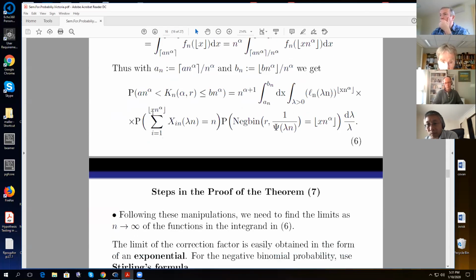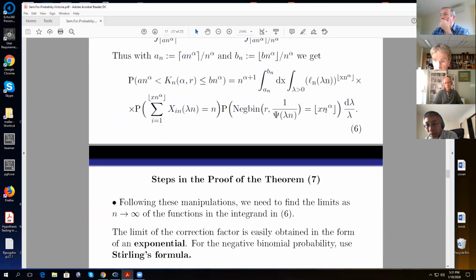So that was a summation of k, now summation xn to the alpha. Negative binomial, again, the k here. So this is the formula that we have to deal with now, and we want to show that this will have the limit that I have in, I think it was equation 3 back there.